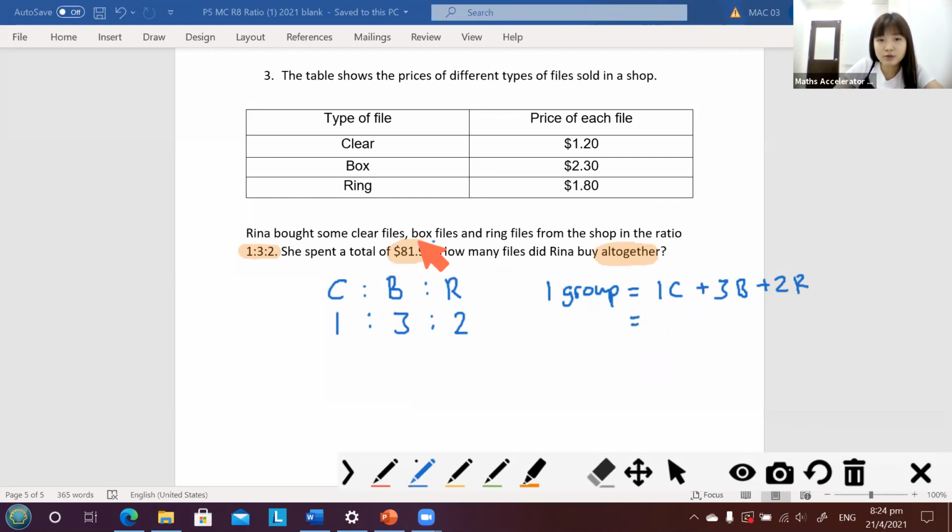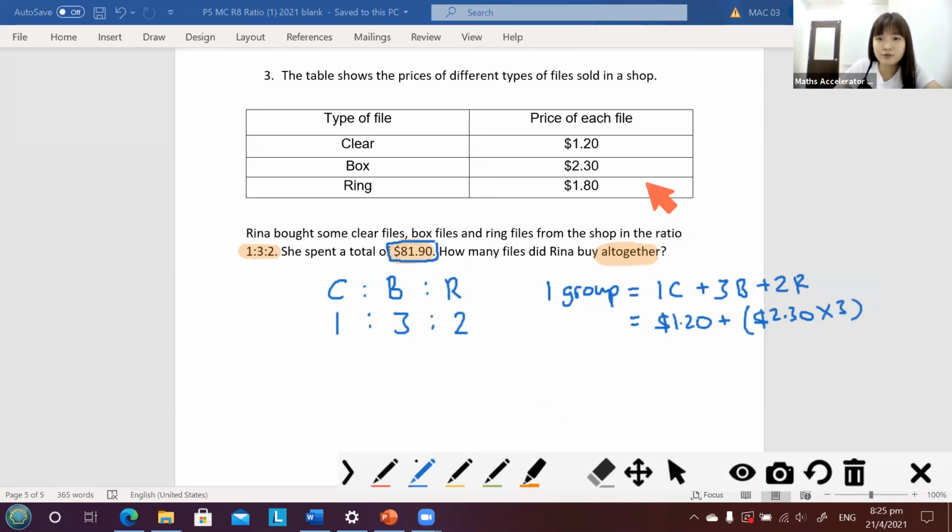But let's look at your total here. Your total is in money, right? So let's look for the value of one group. How much does it cost for one group? So the clear is $1.20, and you have three of the box files. So that will be $2.30 times 3.